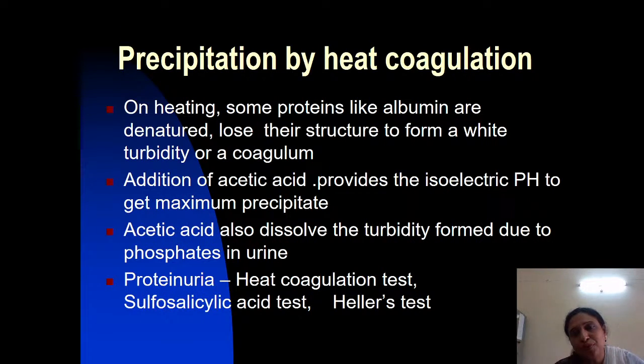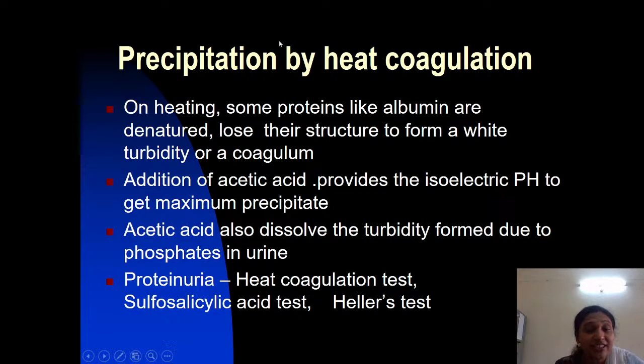Then add a few drops of acetic acid. Why do we add acetic acid after precipitation? To bring it to the isoelectric pH. The isoelectric pH of albumin is 4.7. When you add acetic acid, it decreases the pH, and if albumin is there and the pH reaches 4.7, you will get more precipitation.